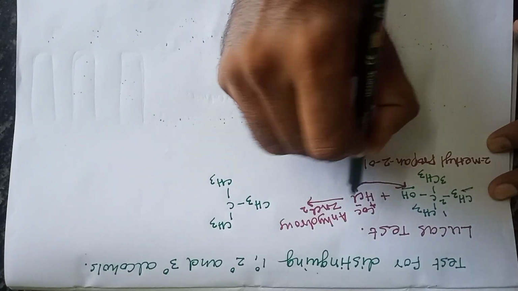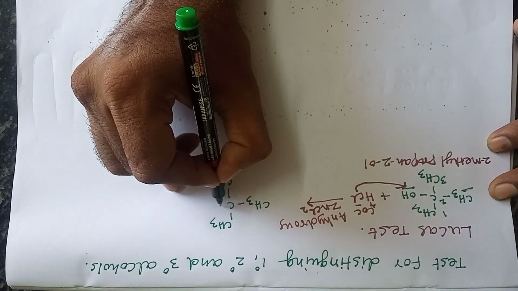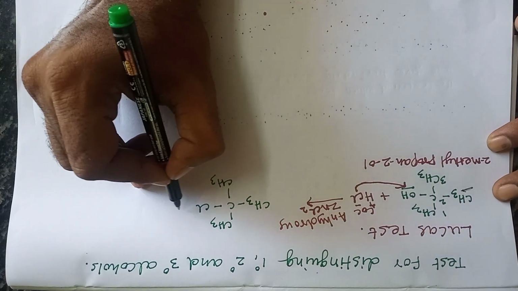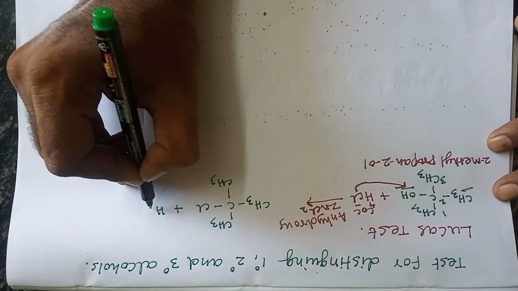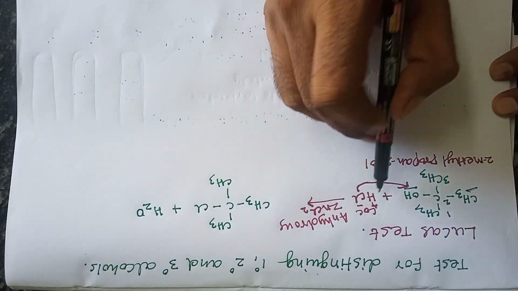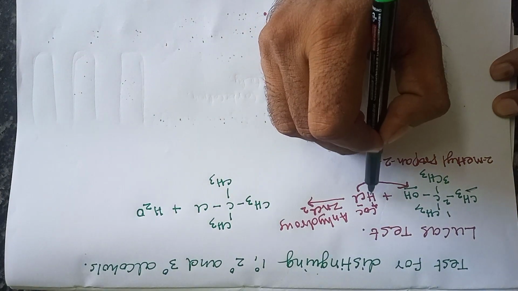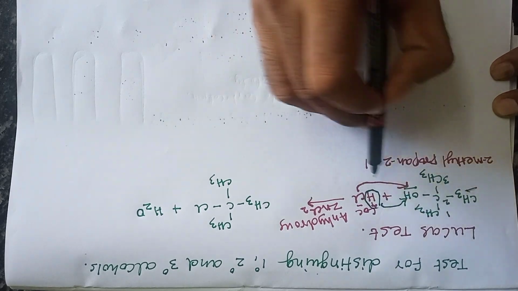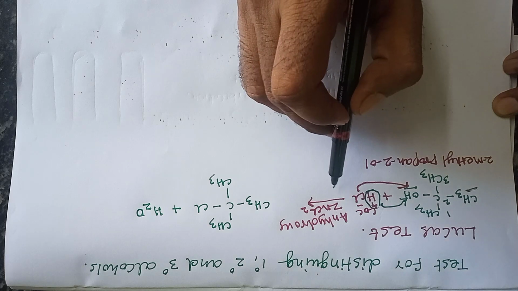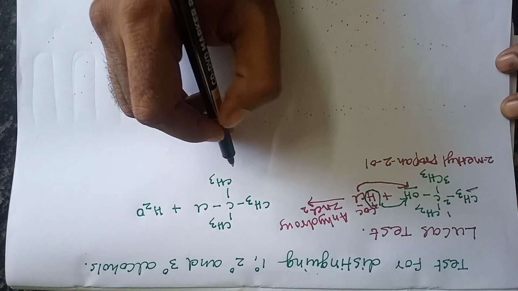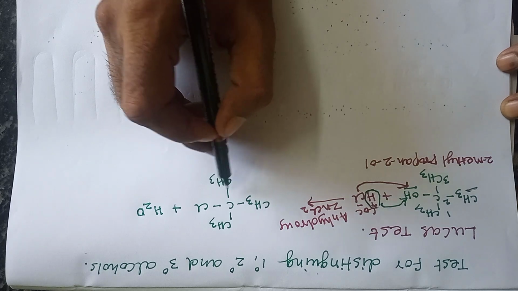The OH group is replaced by the chloride ion, giving an alkyl halide, and the byproduct is water. The H plus and OH minus ions go off as a water molecule.